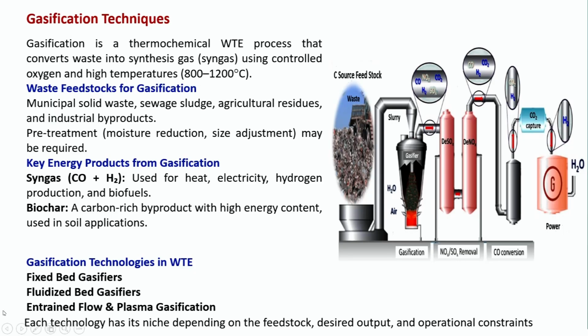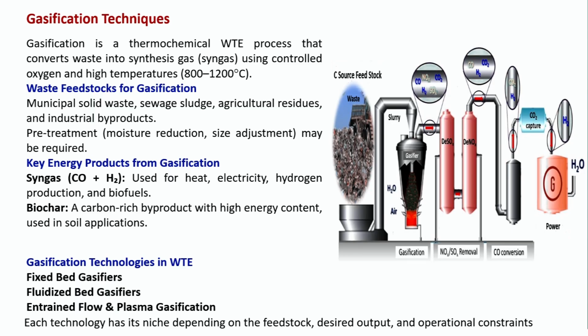So what are the feedstock we are going to use particularly for gasification? We can use any sort of solid waste, whether it is mixed waste, sewage sludge, agriculture residues and industrial byproducts; they can be used mostly. And you need pre-treatment as well. Mostly if it is agricultural residues, definitely it is going to contain much moisture, so you need to make that sort of moisture reduction as well.